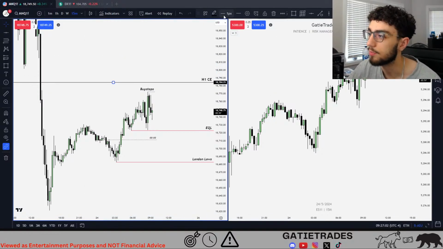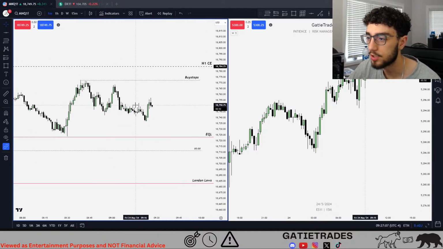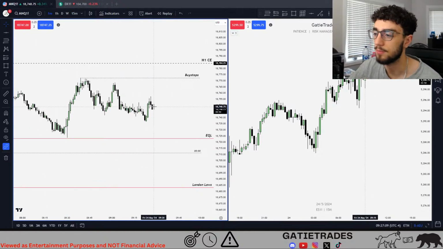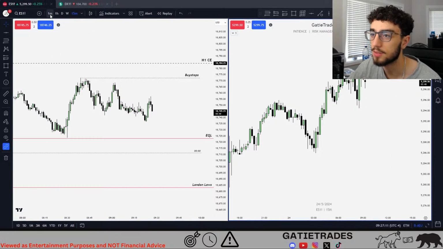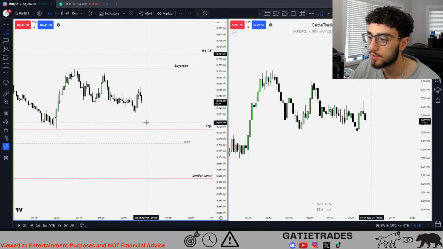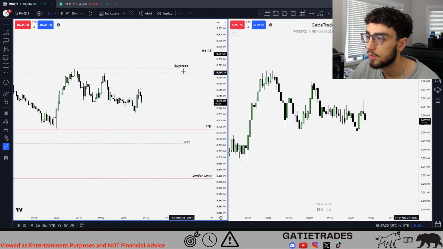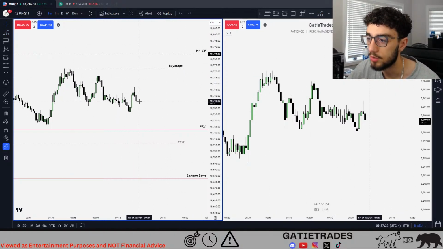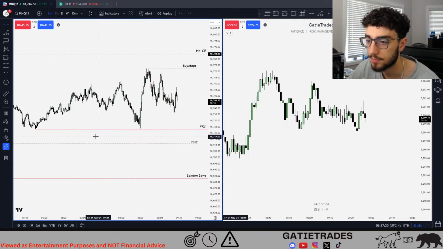Honestly, I don't even need to really mark these things because this is just a huge 4 hour imbalance. We just need enough manipulation higher for me to start looking for shorts. That's all we need. Let's look for shorts. So hopefully we can use this fair value gap, go higher.